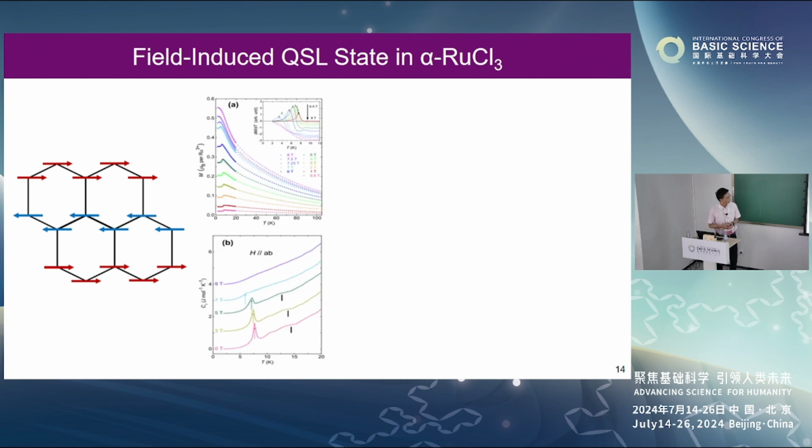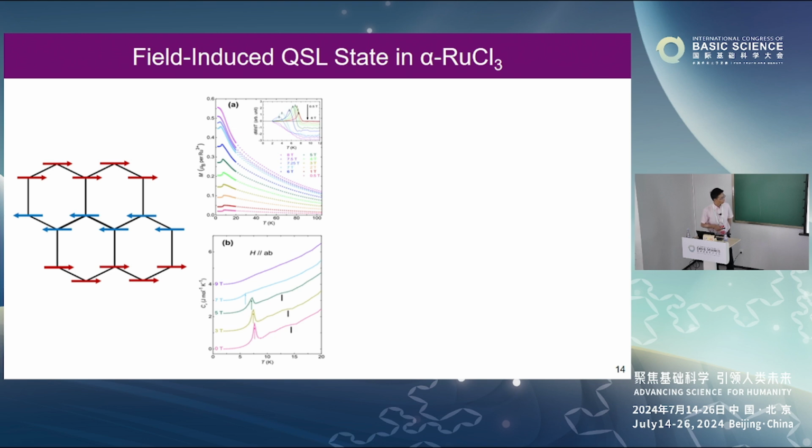So we apply an in-plane magnetic field, and then we measure the specific heat and also the magnetization. We found that at zero field, there is a very sharp peak representing the magnetic ordering temperature.